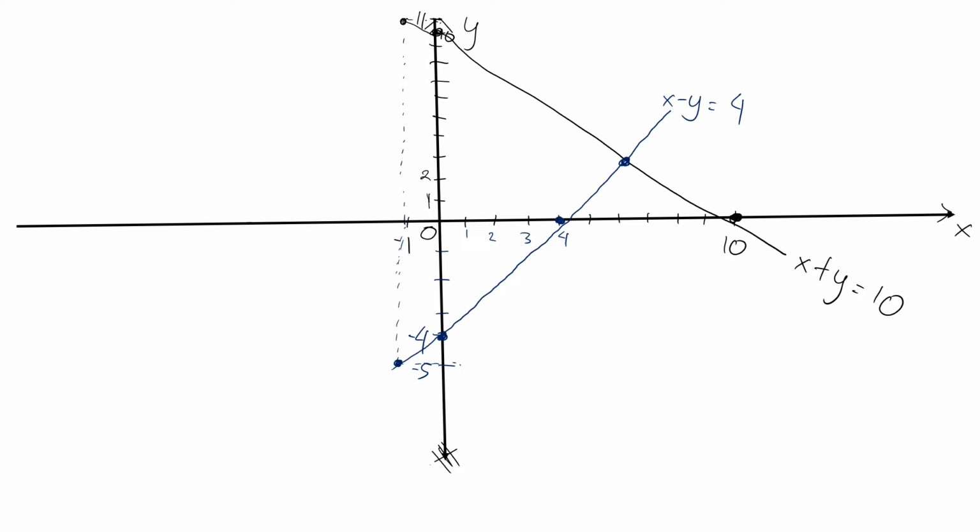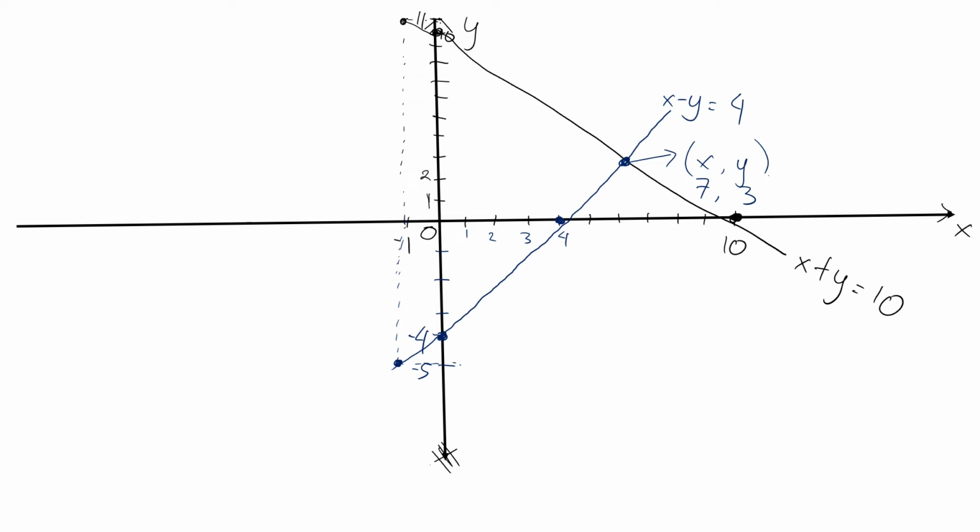So this must be the point that is the answer of the simultaneous equations between x minus y equals 4 and x plus y equals 10. Okay, the answer, this point must be 7, 3. Yeah, I drew it before on paper and got this answer.